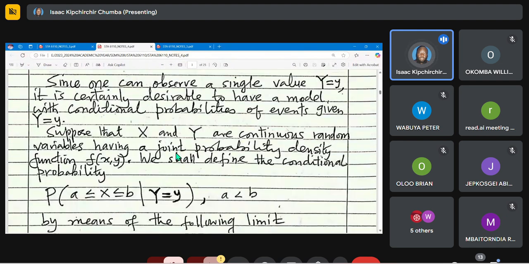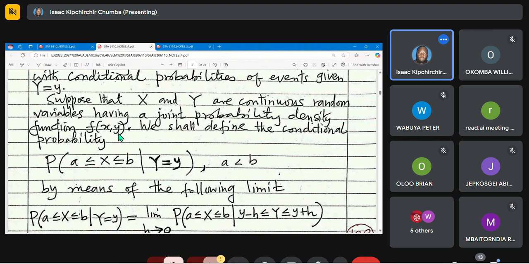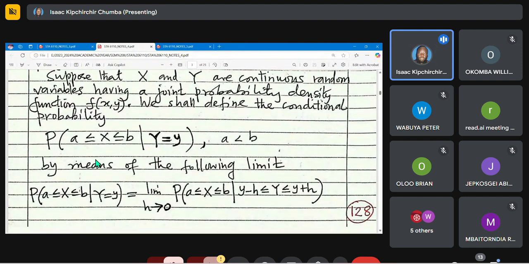Now, suppose that x and y are continuous random variables, having a joint probability density function f of xy. We shall define the conditional probability that x lies in the interval AB, given that y equals y.